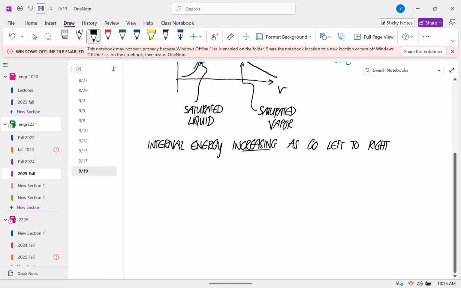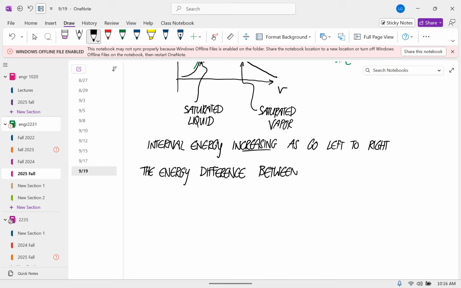The energy difference between the saturated liquid and the saturated vapor is called the latent heat.